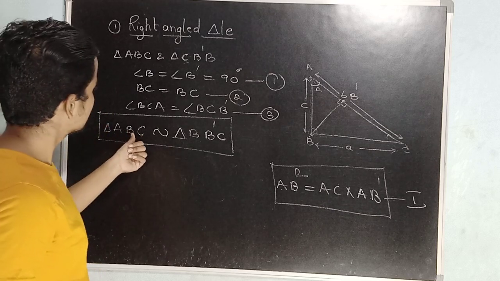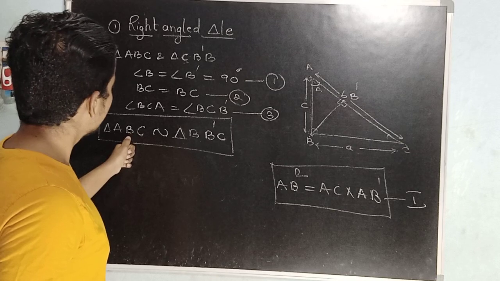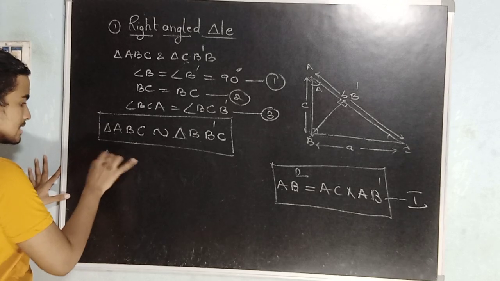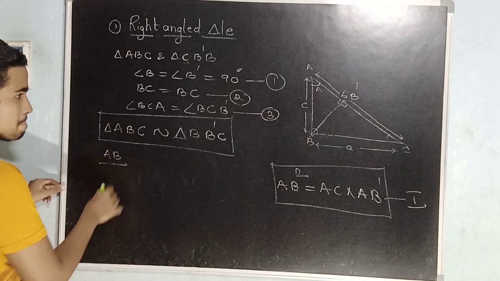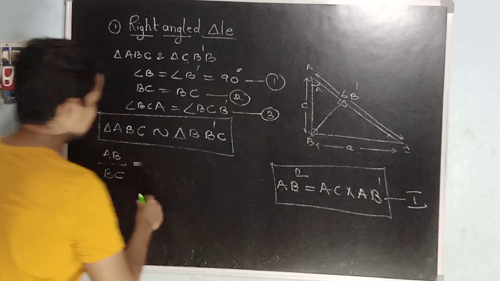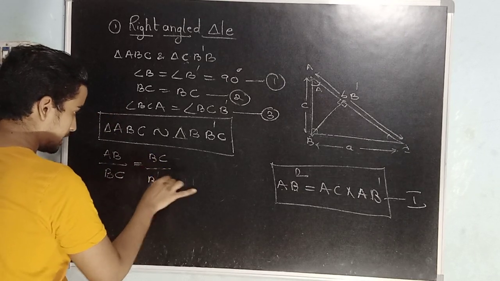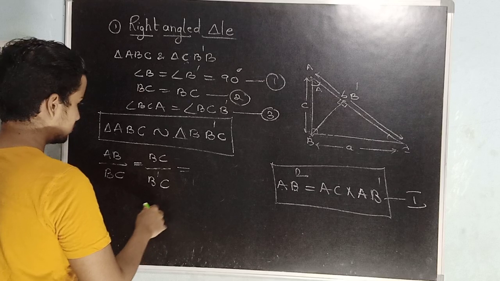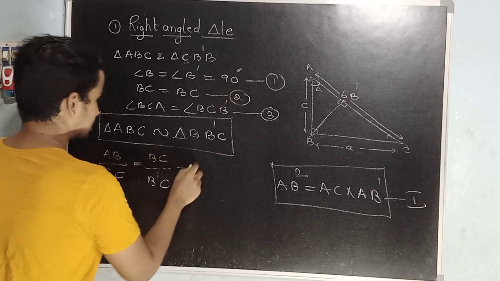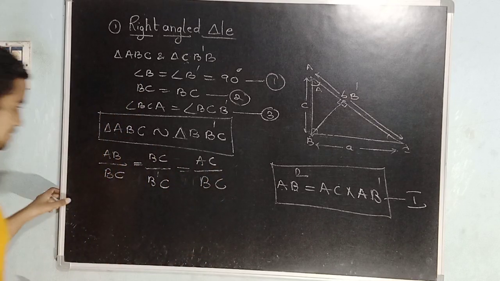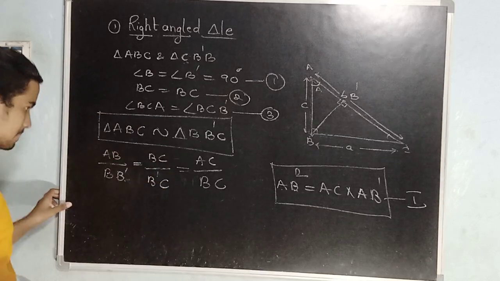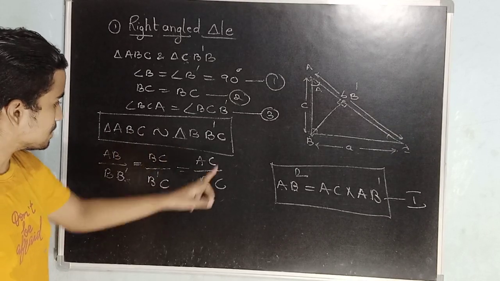Now BC, two sides are common. By this we can consider that AB by BB dash is equal to BC by B dash C is equal to AC by BC.